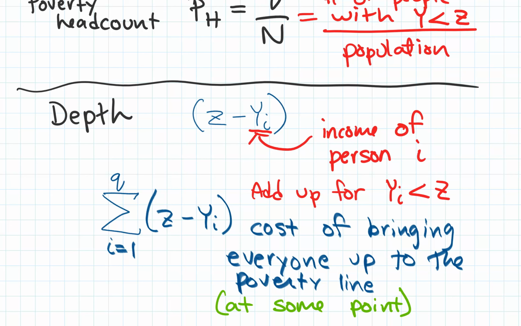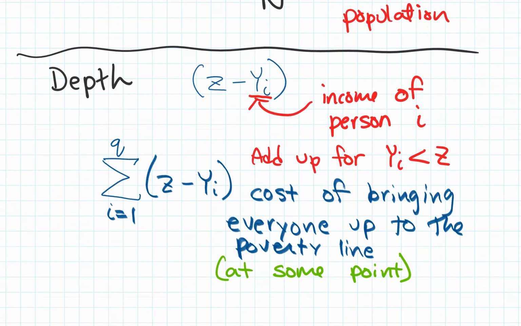So that's one nice thing about this measure: it doesn't just have a rough count. It can tell you if progress is being made, even if many people are still below the line, but are they getting closer? So are the incomes rising is what this measure will tell you.